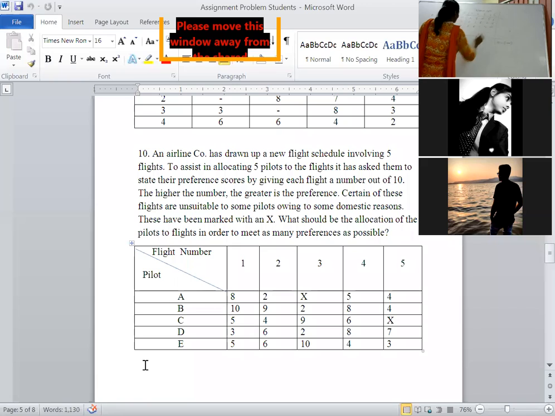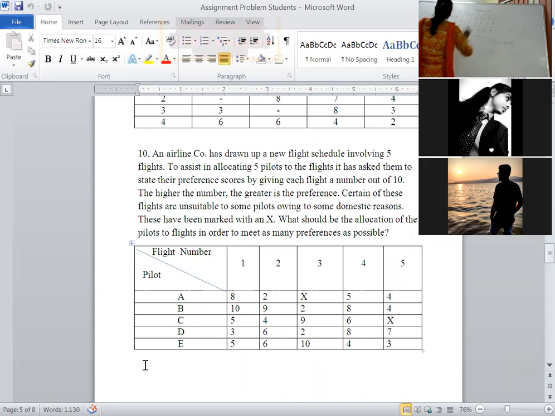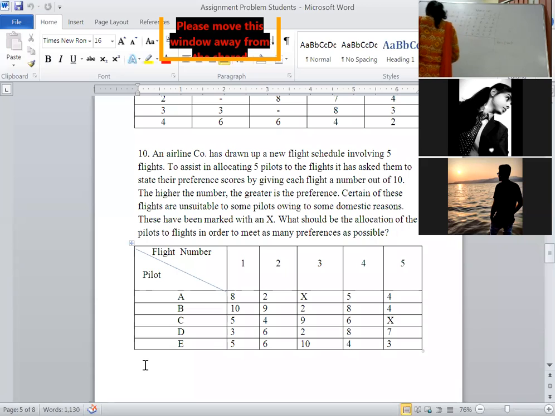Adding to infinity, it will remain as it is. 10 minus 3, 10 minus 6, 10 minus 2, 10 minus 8, 10 minus 7, 10 minus 5, 10 minus 6. Here again there is 10. 10 appeared twice. 10 minus 10, 10 minus 4, 10 minus 3. Then this is called a relative loss matrix.